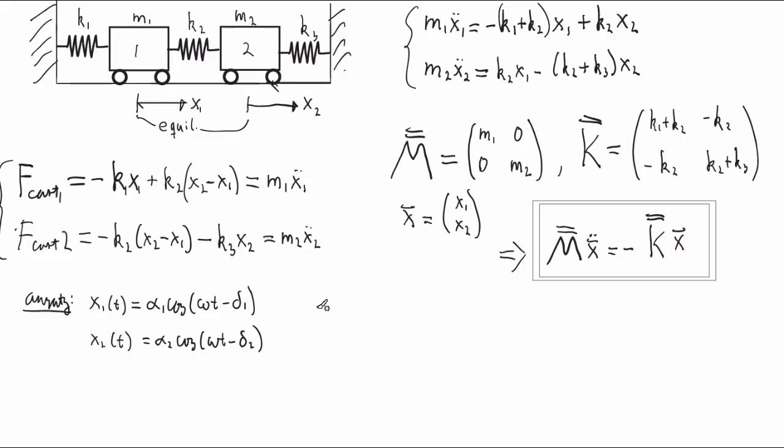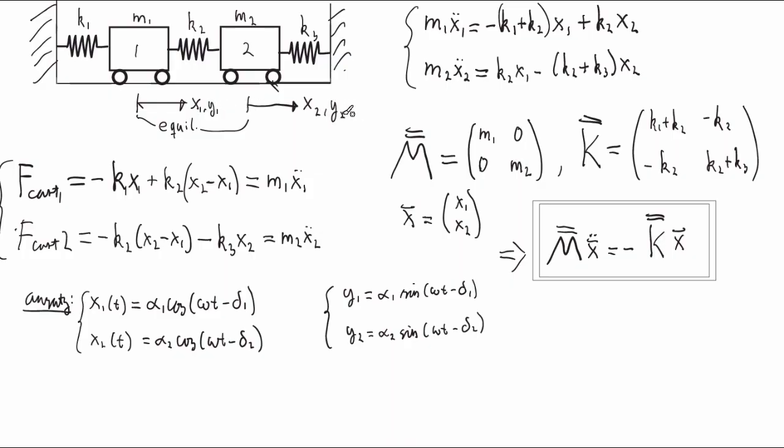Okay, if this is a solution, then an equally good solution is the following. Where I simply, instead of writing x now, I wrote y, but it still refers to the positions of the carts.